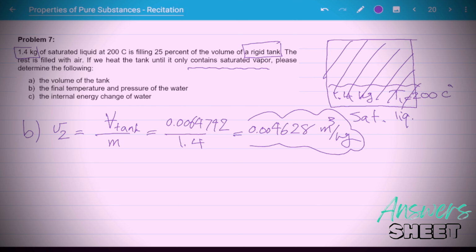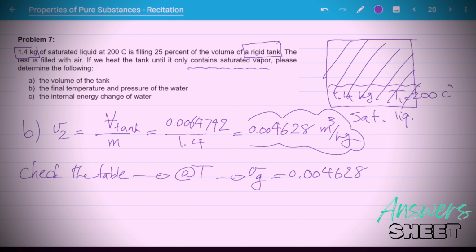We know that the final state is saturated vapor. So I'm going to check the table to see at what temperature the saturated vapor specific volume is equal to 0.04628.